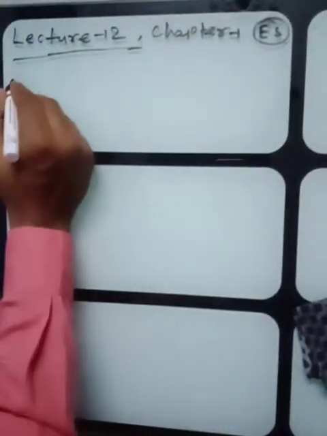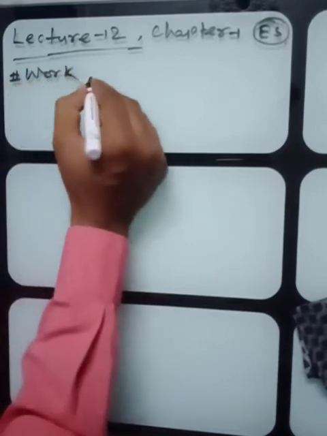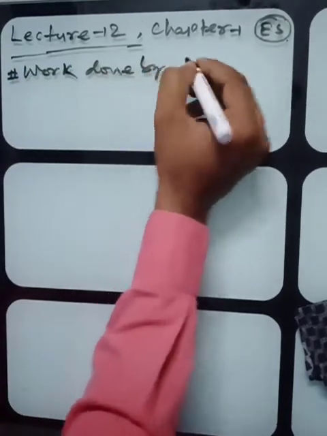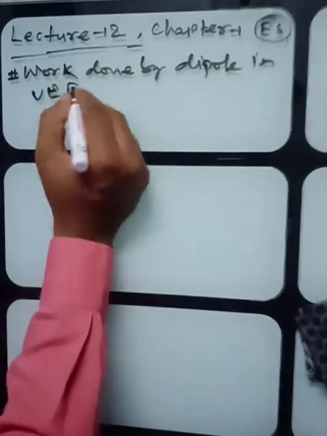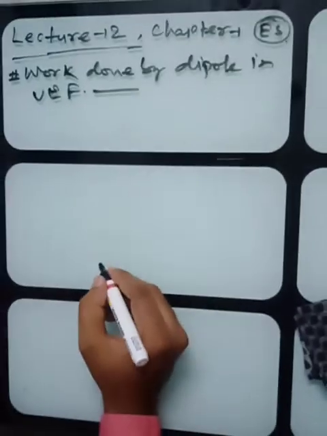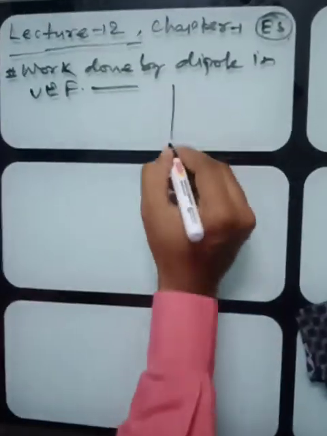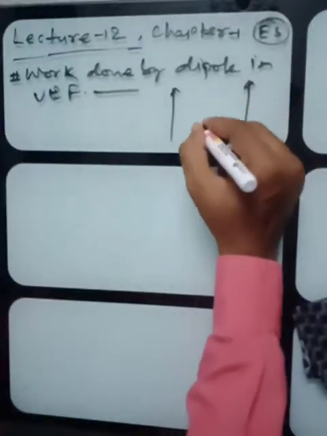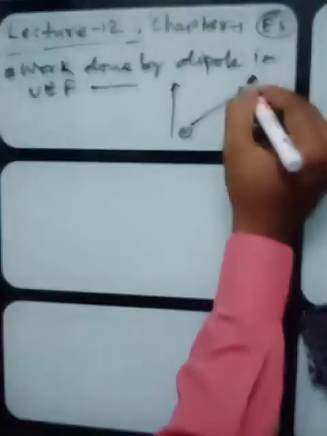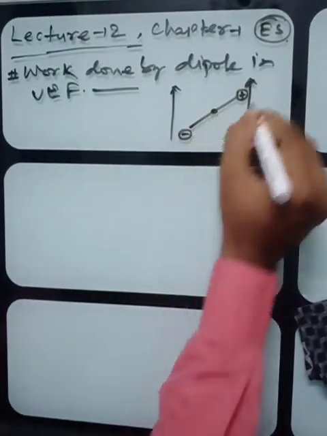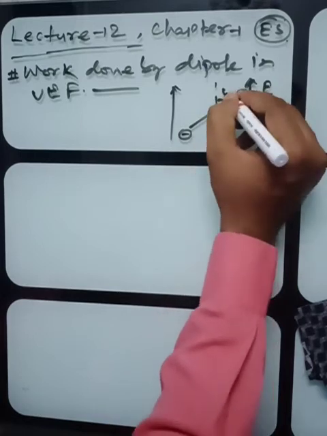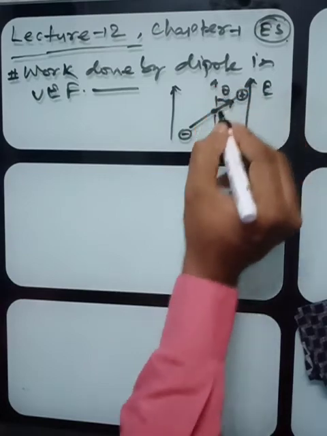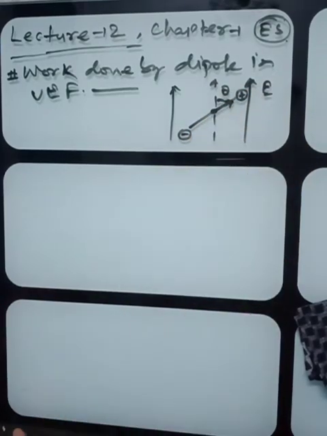Work done by a dipole in a uniform electric field: suppose the dipole is rotated, here q, I'm writing E, and theta is the angle between the dipole moment p and E.